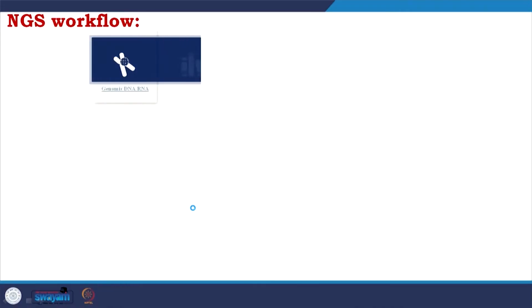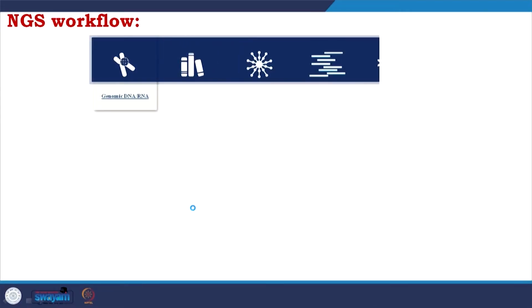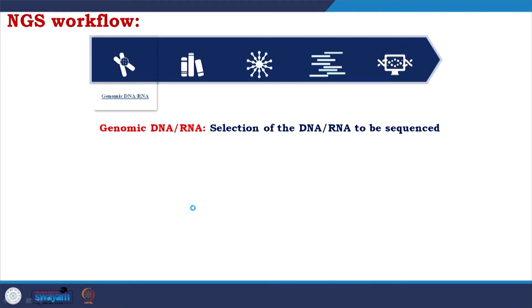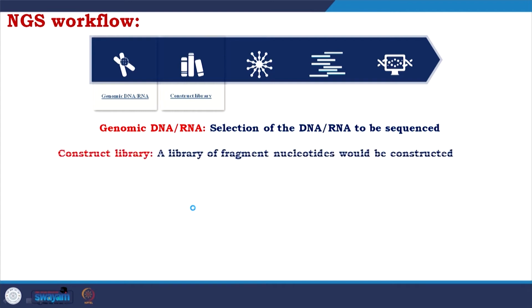And how does NGS work? First you have to develop the genomic library of DNA or RNA. So you select the DNA or RNA which you want to sequence. First you get the target, then you construct a library, which is a library of nucleotide fragments.